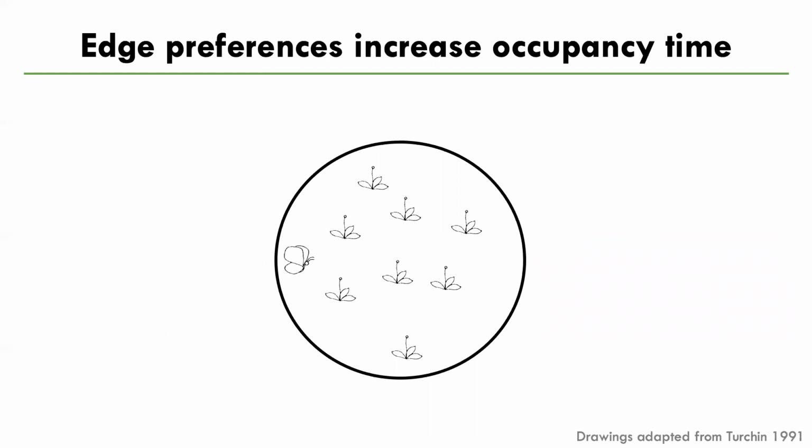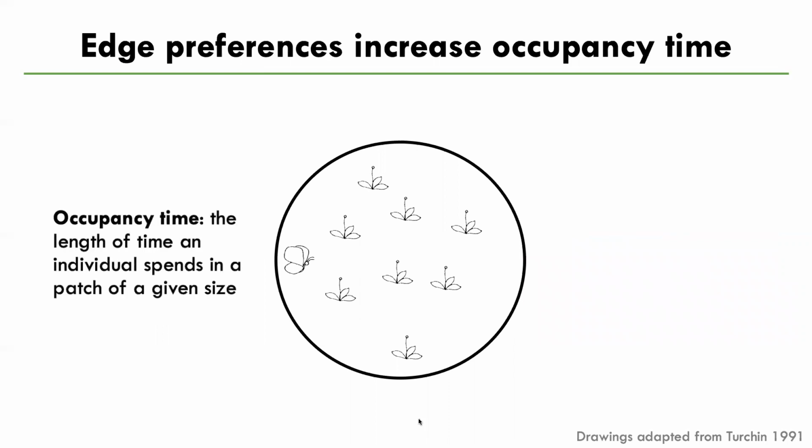Why would this matter? Well, for one thing, edge preferences increase occupancy time. Occupancy time is the length of time that an individual spends in a patch of a given size. So if we imagine this butterfly has entered a patch of its host plant, imagine a cartoon butterfly here, this blue one from a species without edge preference, you might expect that after moving through the patch for some period of time and laying eggs on the host plant, it encounters an edge and has some probability of exiting the patch.